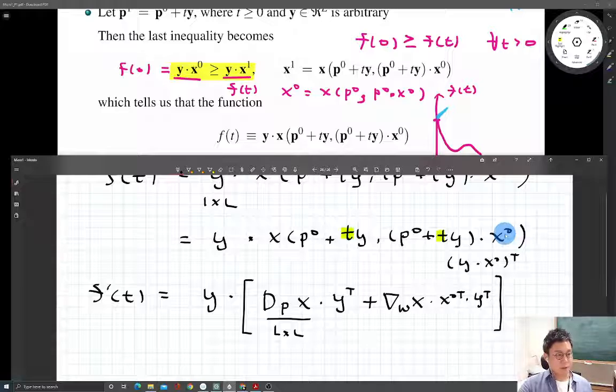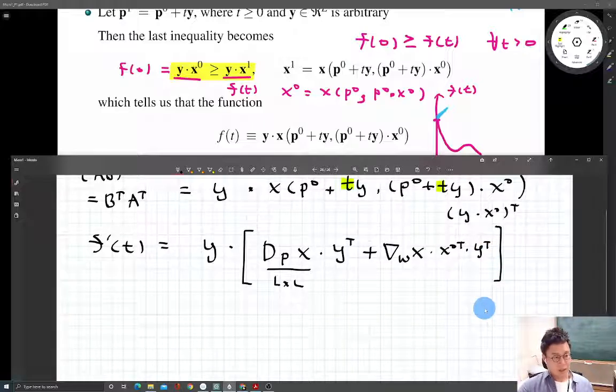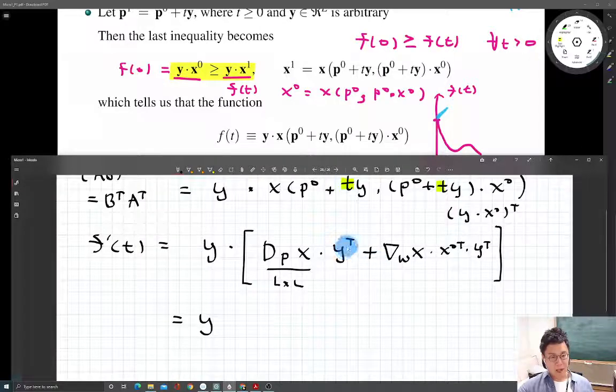Because in general, if we take the transpose of AB, the product of these two matrices, then we obtain B transpose times A transpose. Okay? So we have this. All right, so I can see the common factor y transpose, so I can pull it out.